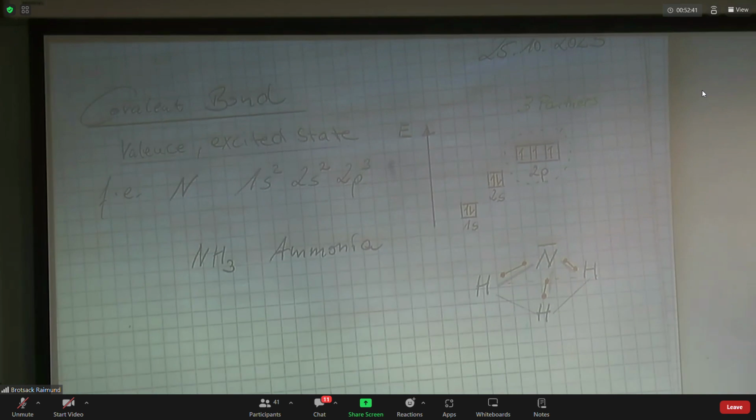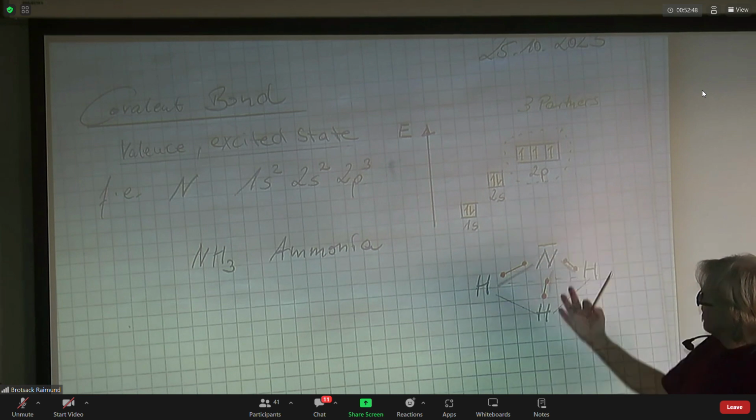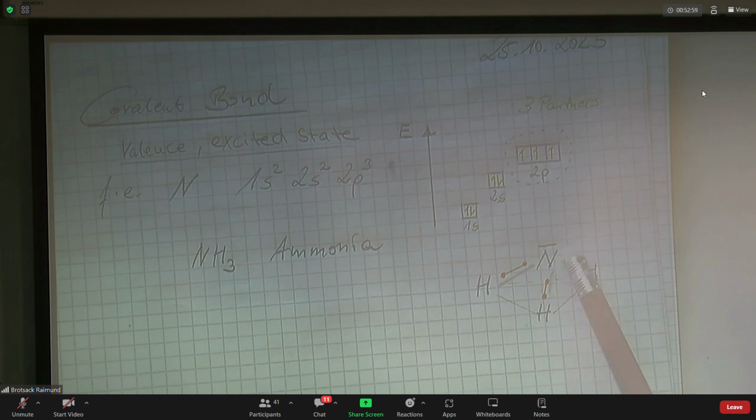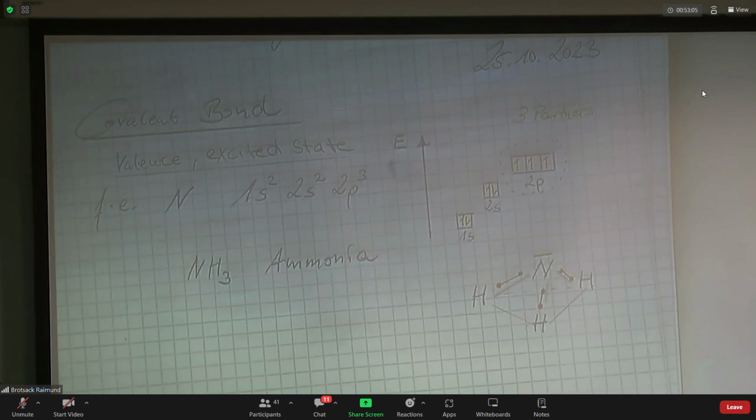So you have a triangle, and we have 1, 2, 3, 4 sides. So this is a pyramidal structure. On the top, we have the nitrogen, and in this triangle, in the plane, you have those 3 hydrogen. Can you see it?